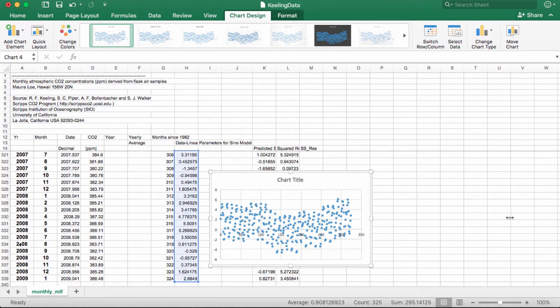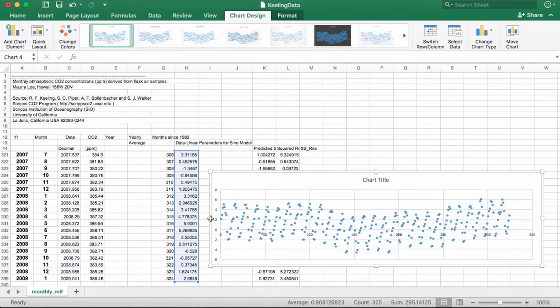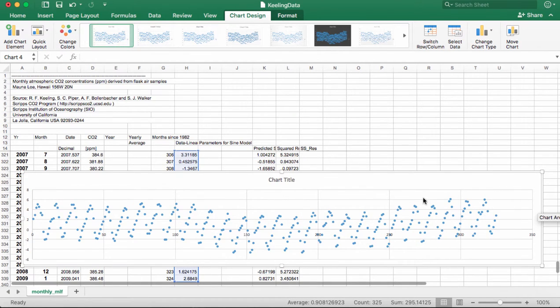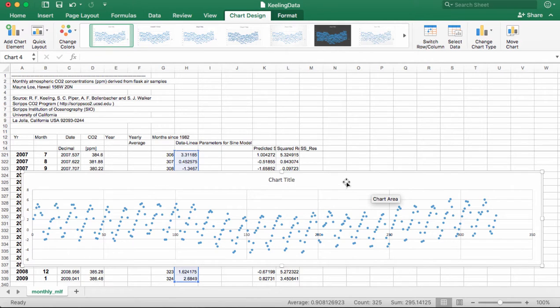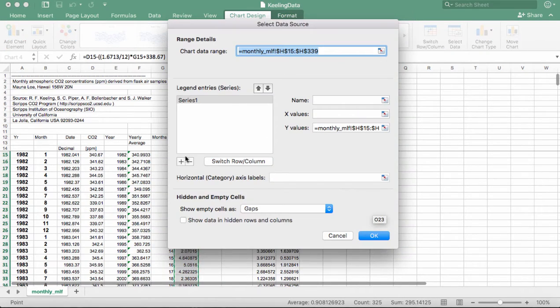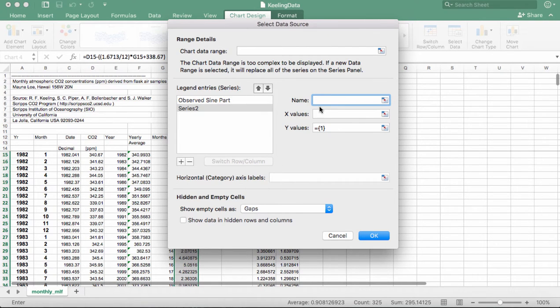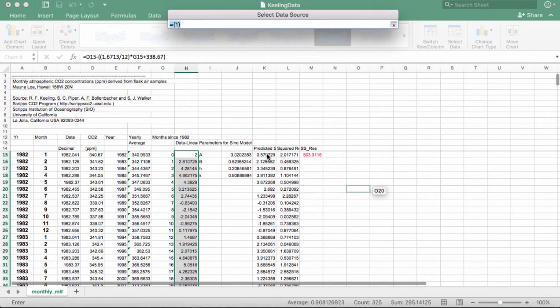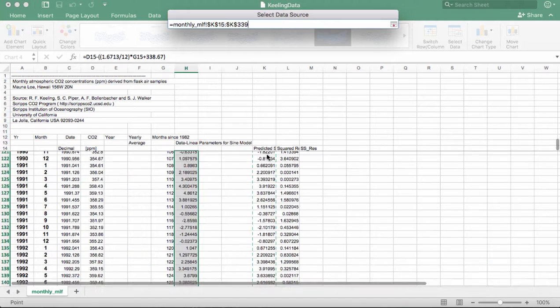Right, I forgot that this looks so ugly when you include all of the data. Let's see if I stretch it out. Does it look better? It looks a little bit better. Okay, so I'm going to add to this another series. So now this is the observed sine part, and now I want the predicted sine part, and my y values here are coming from this.